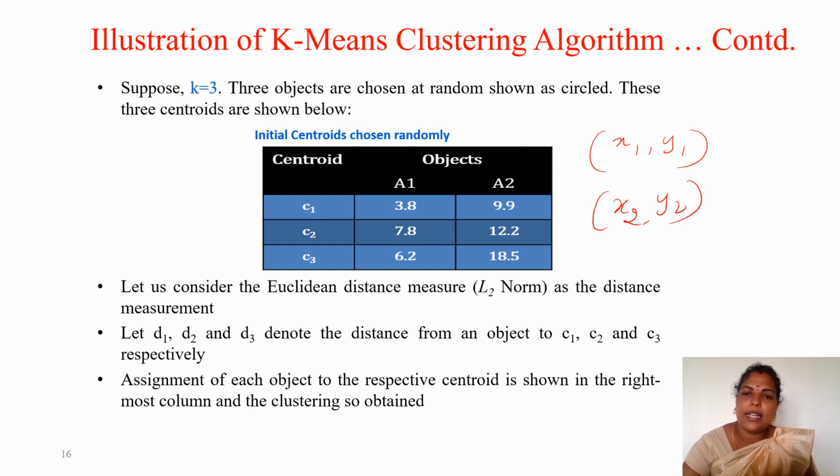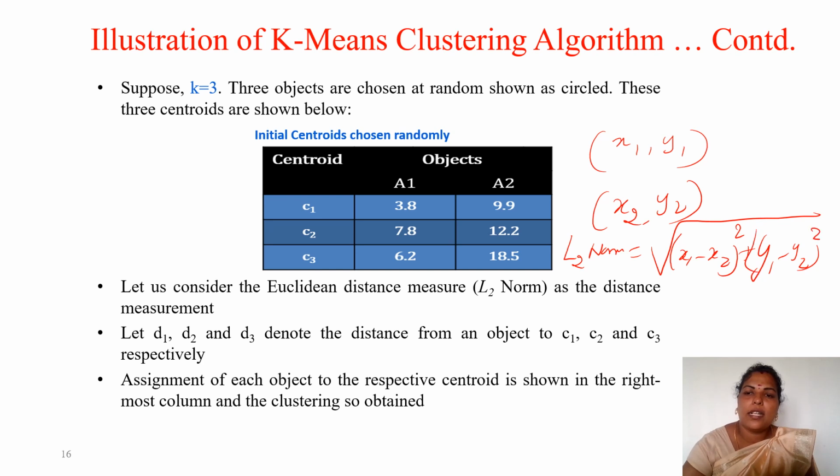What is the Euclidean distance? The L2 norm is the square root of (x1 minus x2) the whole square plus (y1 minus y2) the whole square. This is the formula for the L2 norm, that is the Euclidean distance.